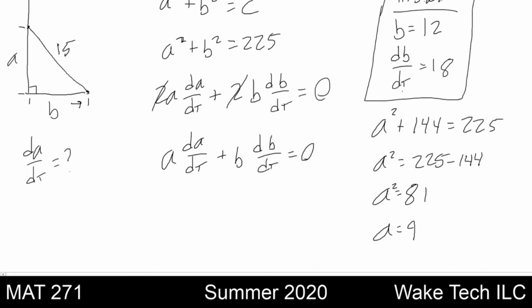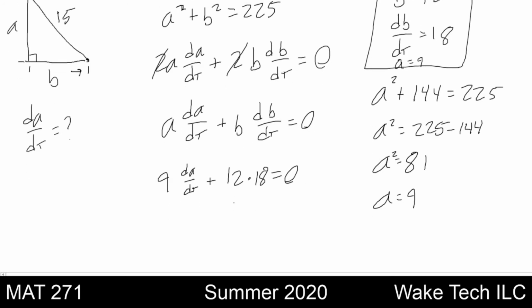Alright, now I can substitute a, b, and dB/dt. So think of this a equals 9 as another instant value here. Alright, so I have 9 dA/dt plus 12 dB/dt, or dB/dt we also have a number for, that's times 18, is equal to 0.